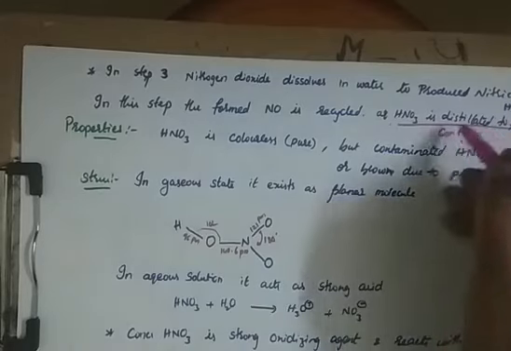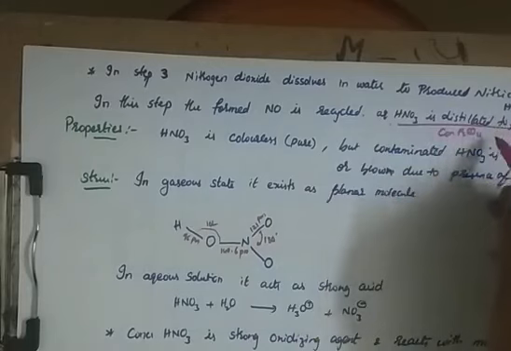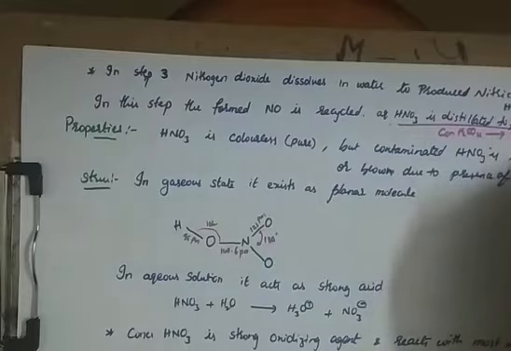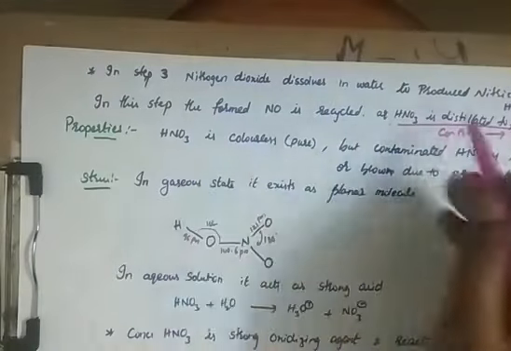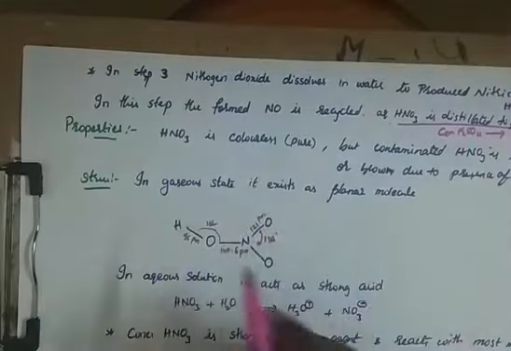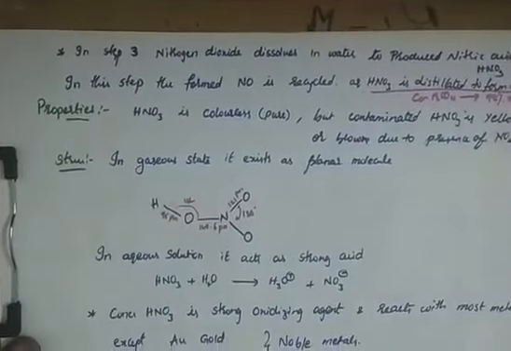If we pass this HNO3, the formed product, through concentrated sulfuric acid, it produces 98% HNO3. Right, that is the third step. So that is about Ostwald's process of HNO3.